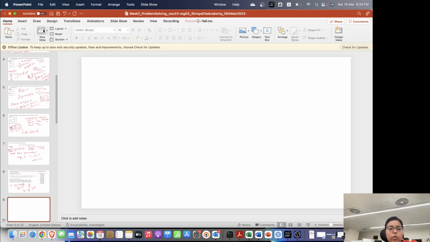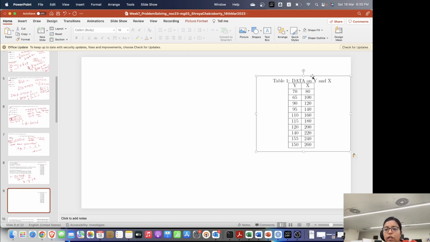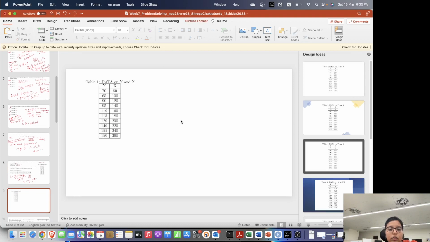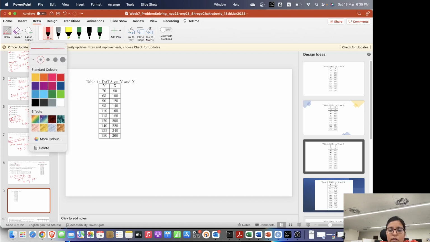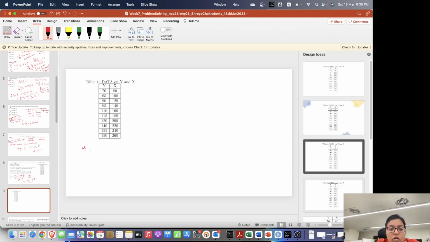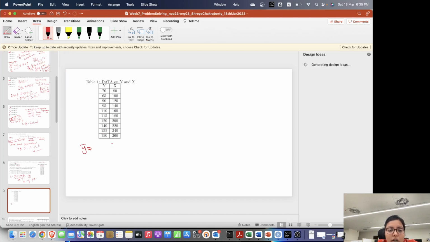So the first task is to find x bar and y bar. So y bar will be how much and x bar will be how much? Can you please calculate?